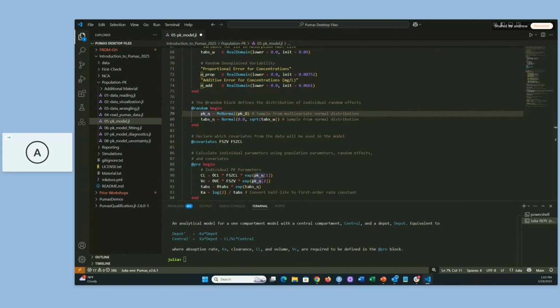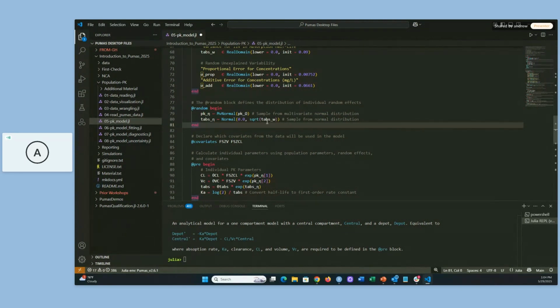In this case, we're not piping it in, and we use this tilde symbol. The tilde notation is used to mark that we're going into what our distribution is going to be. We can use a multivariate normal, or even define a normal distribution, being careful of what you may need as your inputs.